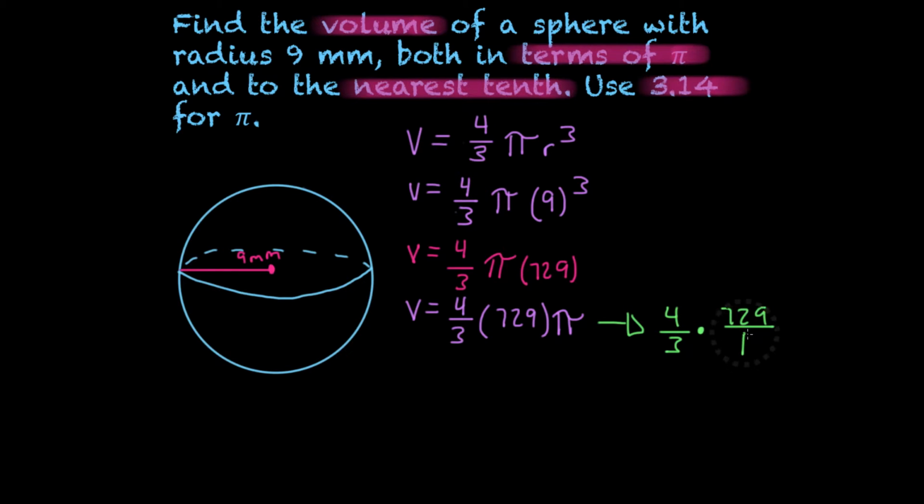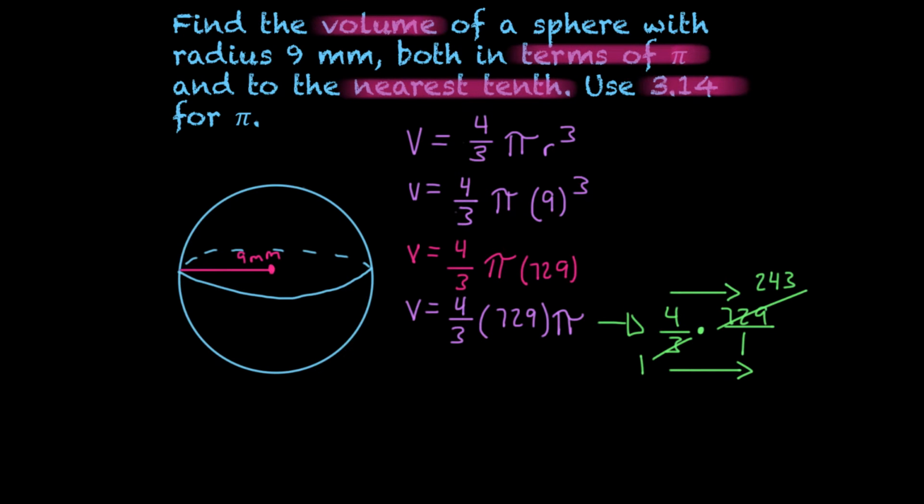There's a couple of neat tricks I could do here. First off, I could multiply straight across on top, straight across on bottom. 4 times 729 will give me a large value. The other thing I could do is cross simplify the 3 and the 729, because 3 is a factor of 729, which is what I'm going to do in this case. So the 3 would simplify to 1, and 729 would simplify to 243. 729 divided by 3 gives me 243.